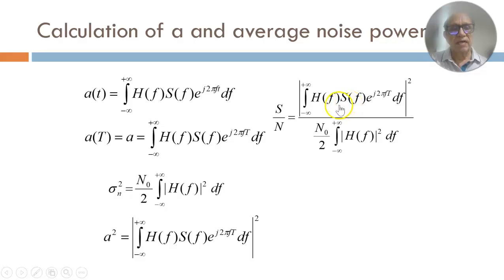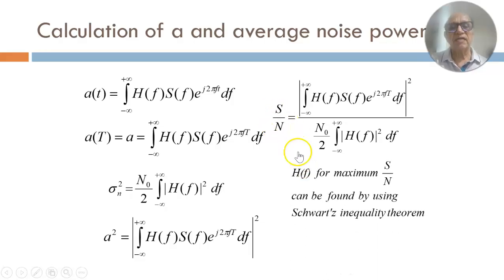S(t) has a certain time domain expression and we are assuming that that is known, therefore S(f) is known. So S by N therefore now is a function of H(f), and we will select H(f) in such a fashion that we get the maximum value of S by N. So this expression can be derived by using an inequality theorem called the Schwarz inequality theorem.